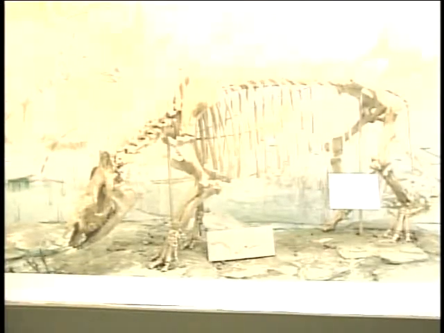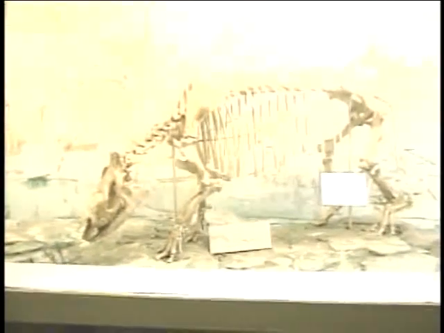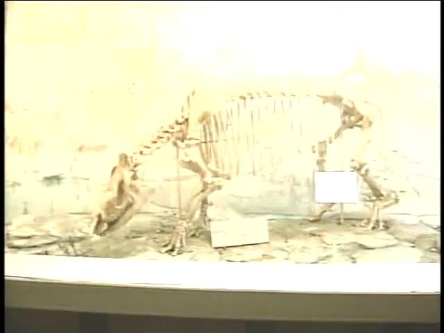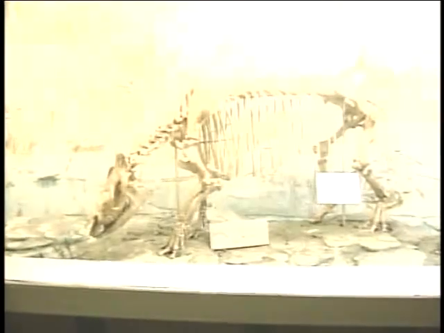Although today rhinoceroses live only in the Old World tropics, Africa that is to say, as well as other places, there were numerous species living in the northern climates during the geological past. Rhinoceroses became extinct in North America just prior to the Ice Age, approximately 1 million years ago. And here you have an excellent specimen of that rhinoceros.